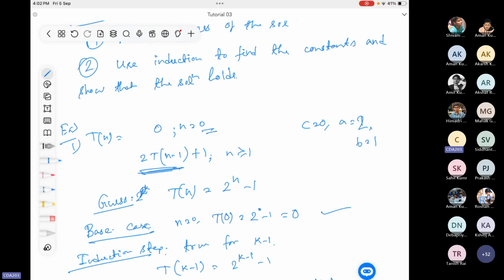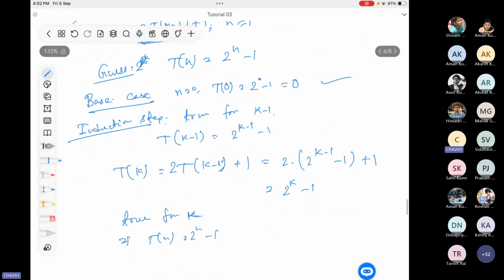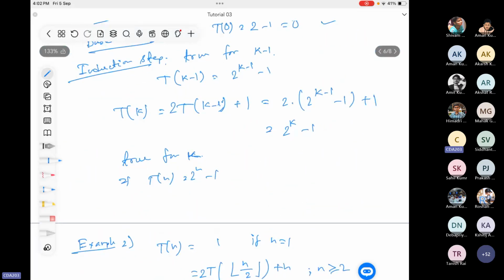Ultimately, if you compute the running time, it is order 2 to the power n, and in your case it's also order 2 to the power n. So both cases will give you the same results. To prove the induction we just use that one, but our target is to find the running time using these recurrence relations.